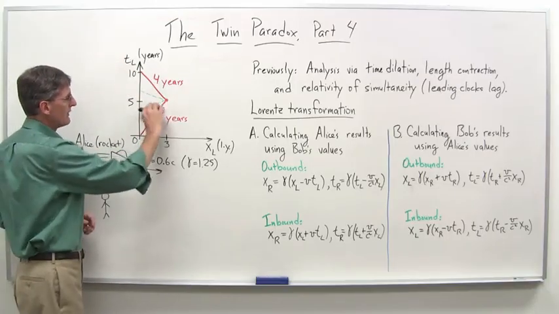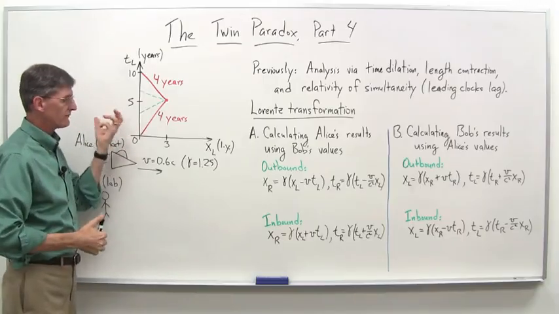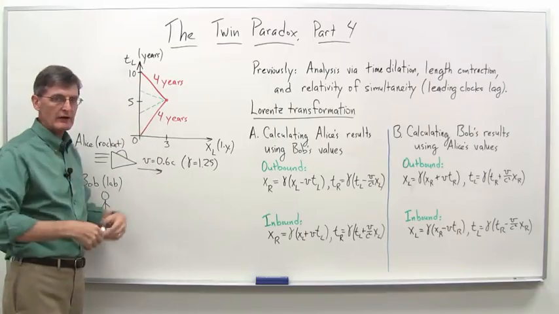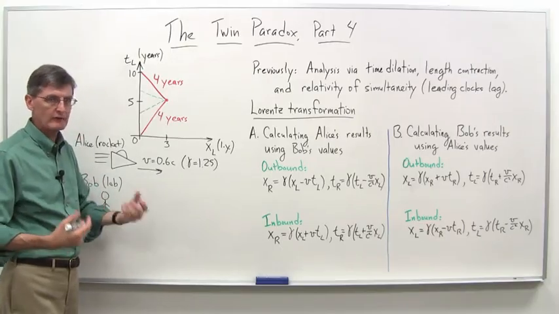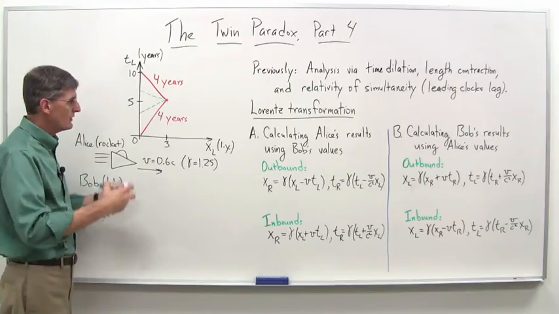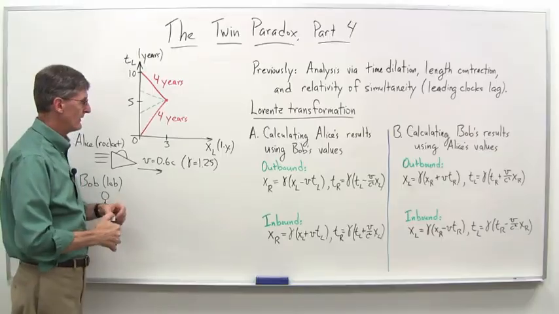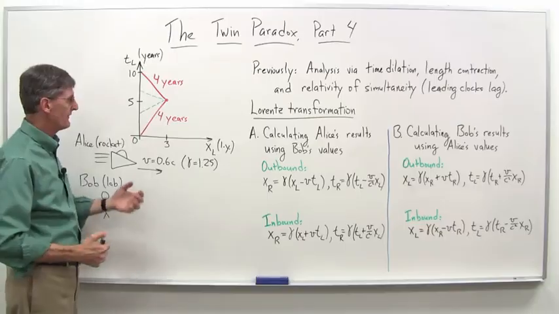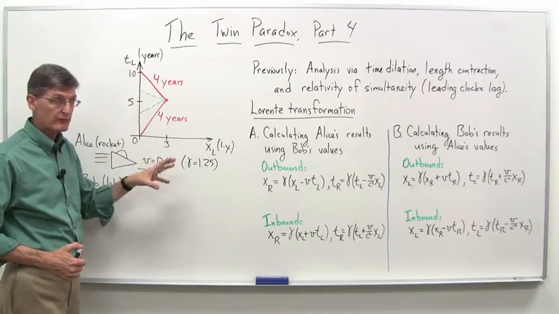And at that turnaround, there's a jump that takes place between frames of reference, and therefore Bob's clocks speed up compared to Alice's clocks at that point and tick faster, as it were. You can actually delve into the details of that turnaround and analyze it and show in more detail, if you want, that this actually occurs. But for our purposes, we just say, hey, she changes frame of reference.